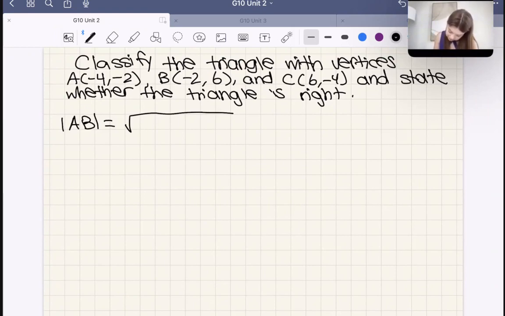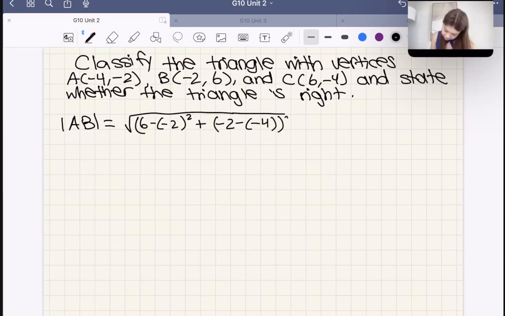Okay, so 6 minus -4 squared plus, let's see, -2 minus, I think I've done this incorrectly. Yes, I have. Okay. Well, this should be 2 here. My apologies for that. Yes, because it's delta y, so I've got to keep it straight here.